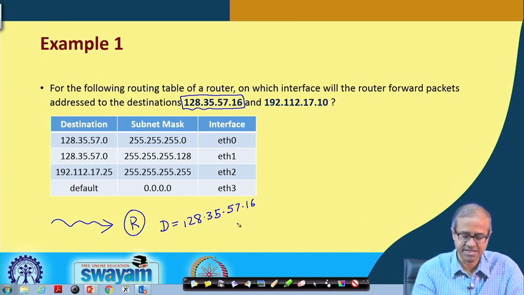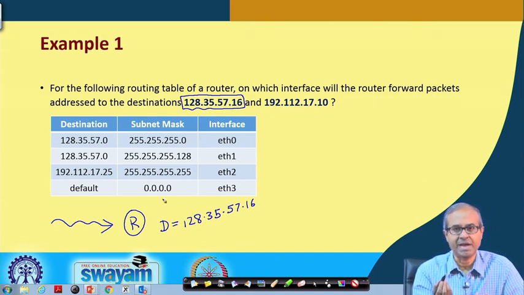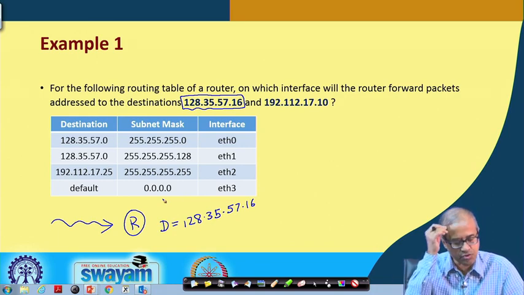This is the destination IP address. Now, we have to check which entry in this routing table gets a match. There may be one or even more than one entry where there can be a match, as we shall see through this example.